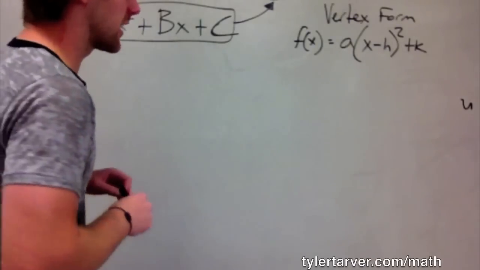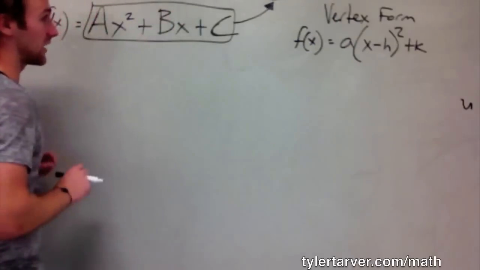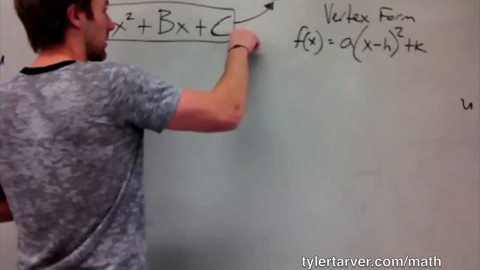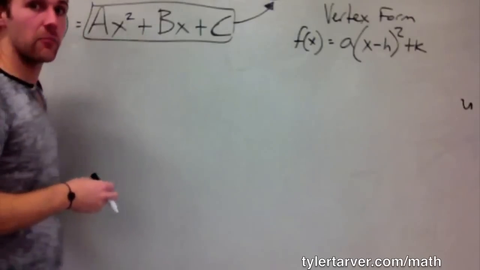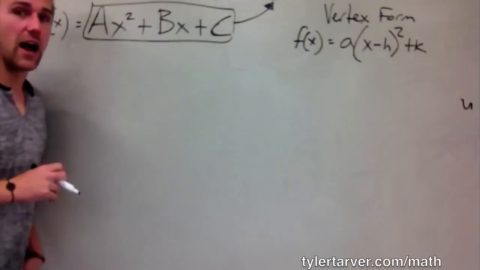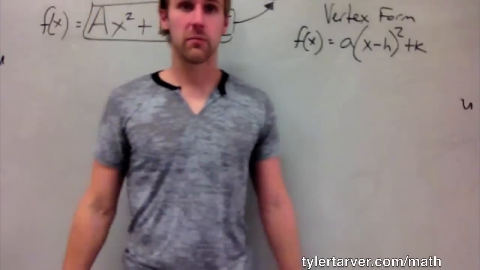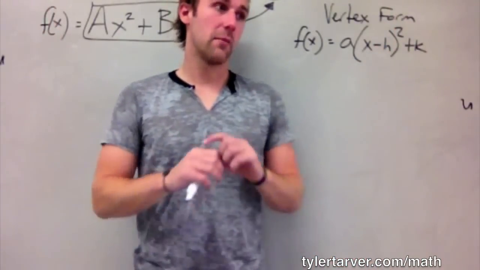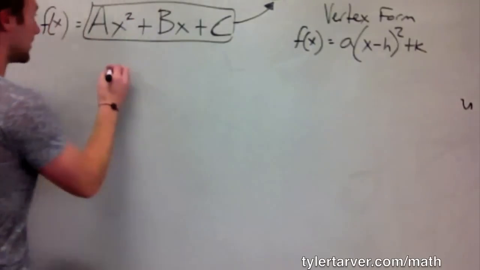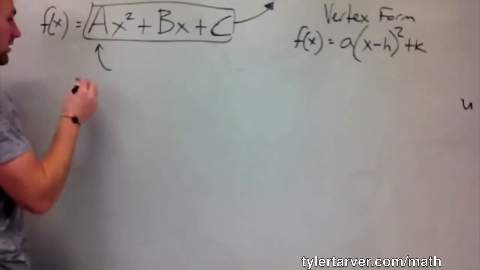First thing. This is all the information you can get from an equation like this. First thing you can find out: from looking at this, I can tell whether this parabola is going to be an upward-facing parabola or a downward-facing parabola. All you look at is your a, the very first number in front of x squared.